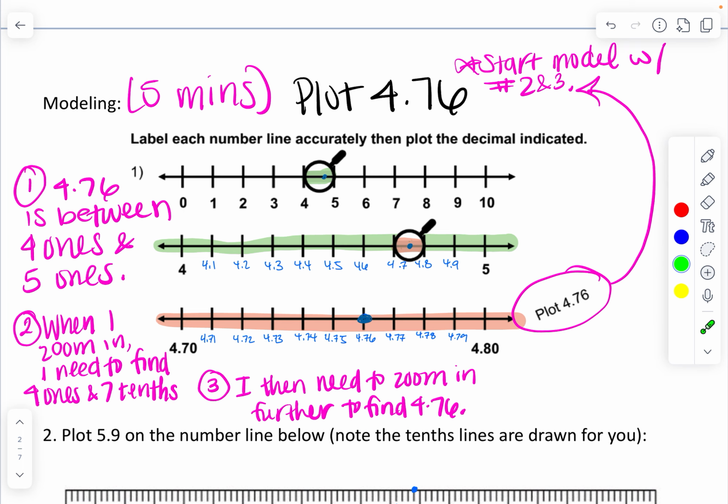The first number line has already been labeled for you. It has the holes, so we can ask ourselves, okay, between which two ones can we find 4 and 76/100ths? Students should be able to identify that between 4 and 5. Great. So between here, 4 and 76/100ths should be plotted.